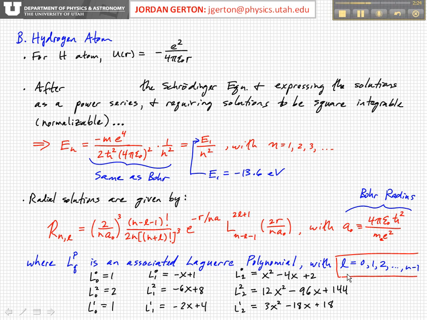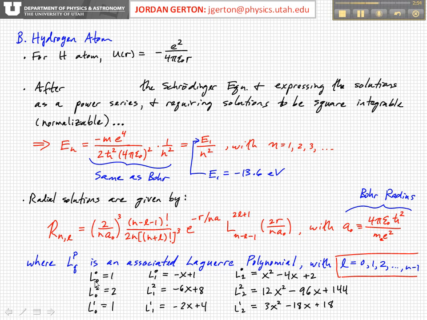And some of the associated Laguerre polynomials are shown here. L 0 0 is equal to 1, L 0 2 is equal to 2, L 0 1 is equal to 1, L 1 0 is equal to minus x plus 1, etc. Okay, as the subscript increases, we see that we have a polynomial of one higher order.